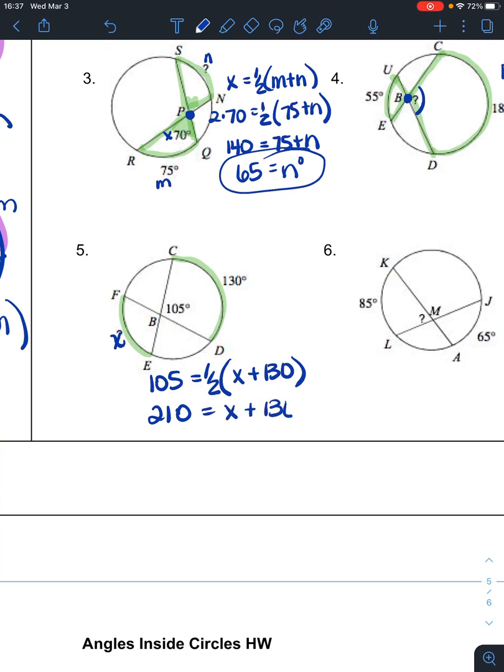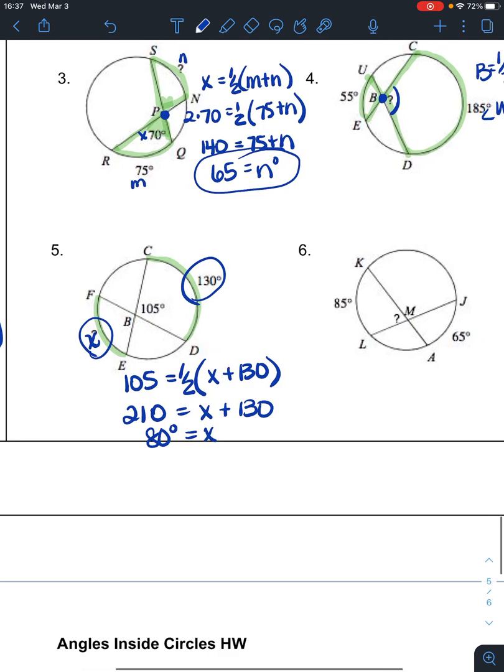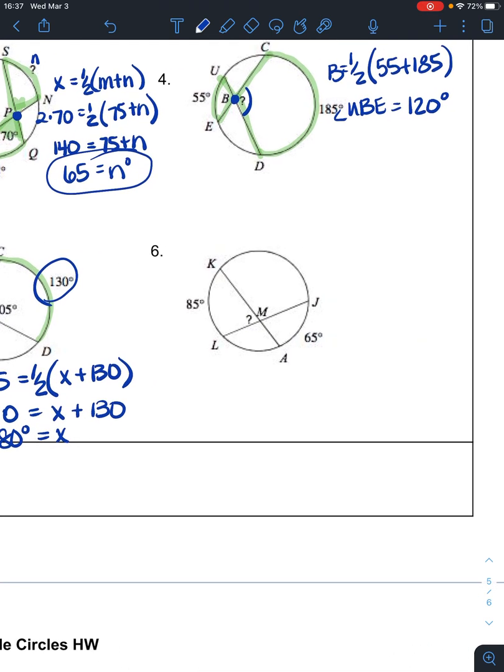Let's do 210 is equal to X plus 130. So those two arcs, this arc and this arc, should add up to double the angle. So I'll take 210 and subtract 130, and I find out that X, or that piece that I was looking for, is 80 degrees.